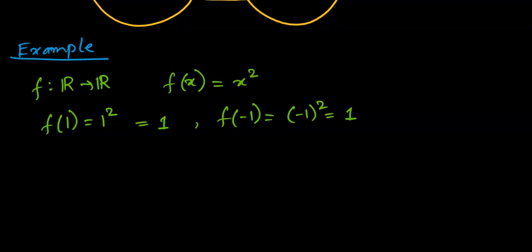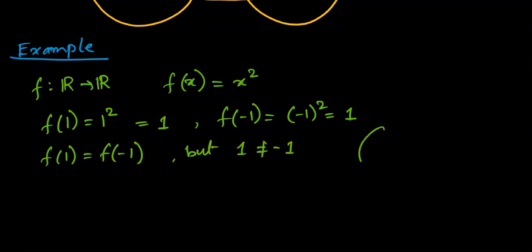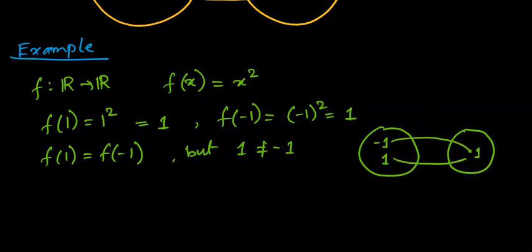So we see that f(1) is equal to f(-1), but 1 is not equal to -1. So in this case we get a picture like this. Here is -1 and they both go to element 1. So two different elements in the domain go to the same element in the codomain. So that's why this function is not an injective function.